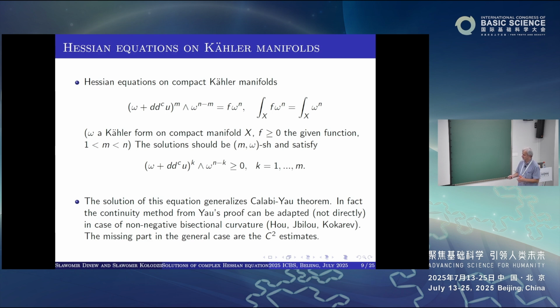It was done probably independently by Hou-Ma-Wu and Tokarev. But what was missing for the general case were C2 estimates. There were even some false proofs published for the general case.